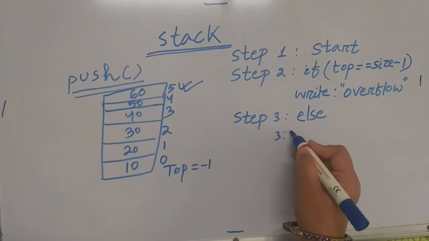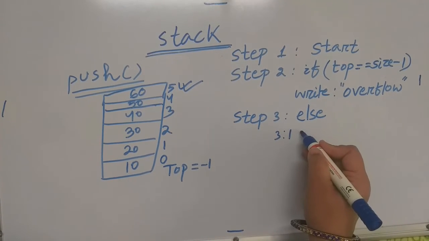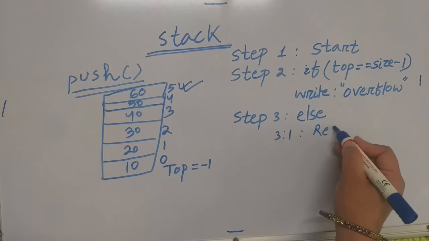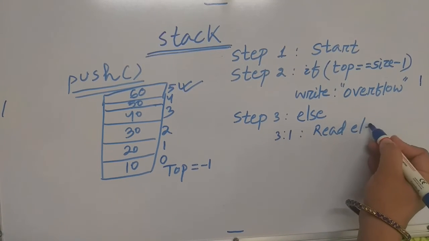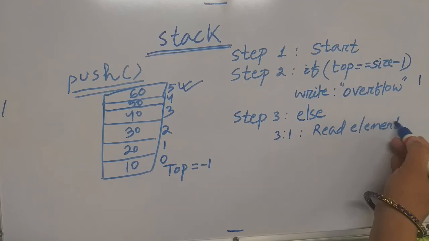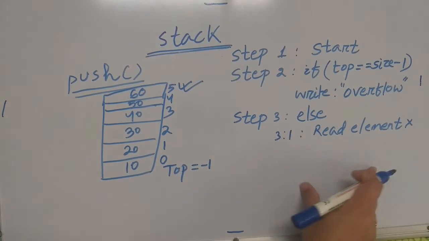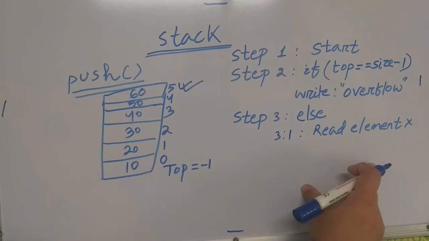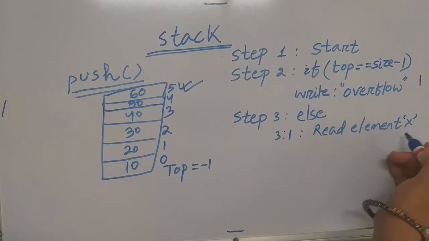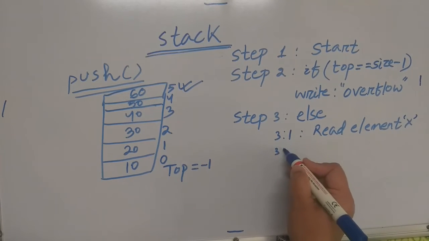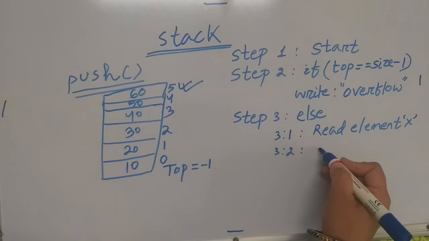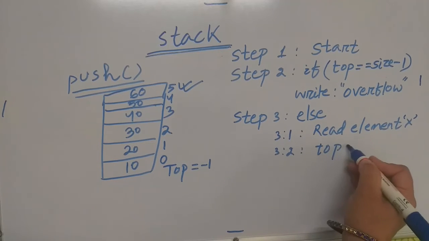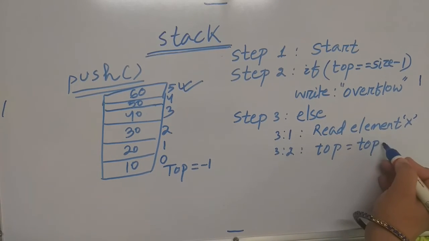You write down like this, 3.1: read element x. Which element do you want to insert? You write down this element. Then another statement: top equal to top plus 1.